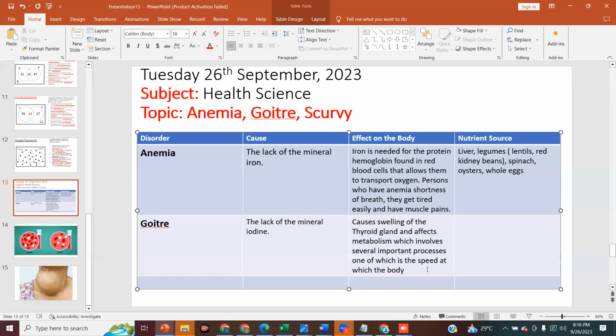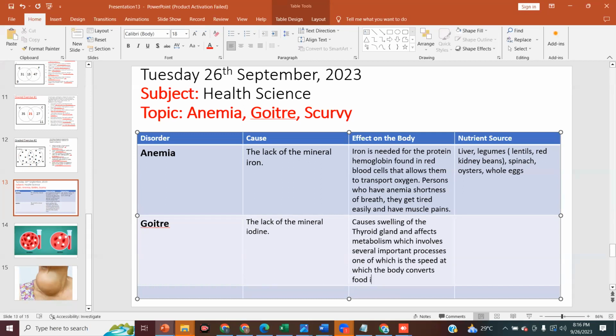Yeah, sorry about that. So it causes swelling of the thyroid gland and affects metabolism, which involves several important processes, one of which is the speed at which the body converts food to usable energy. Excuse me, sir, can you pop it? No, you can't just pop it. It's a swelling.